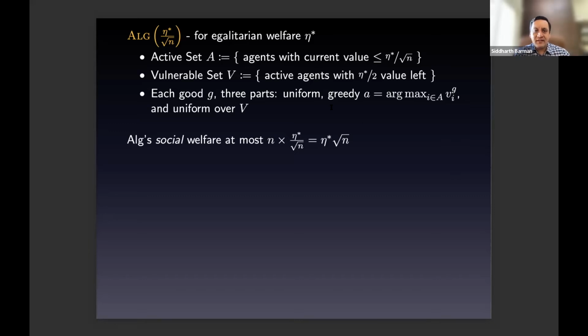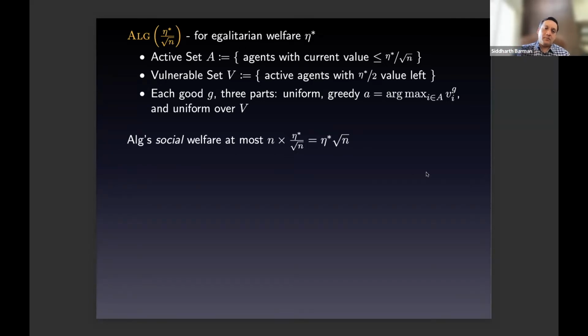Once you're off the active set, you're not going to participate in this argmax, you're out, and you'll not get any fraction of the good, at least in these two parts, because V is also a subset of A. Any agent is acquiring value only while she is in the active set, which means the upper bound on that is this threshold, eta star by square root n. There are n agents, so the total social welfare is at most n times eta star by square root n.